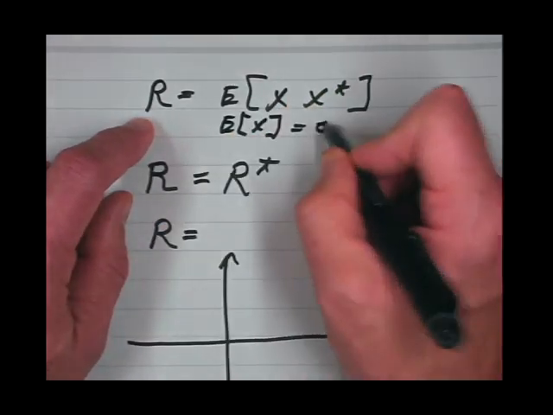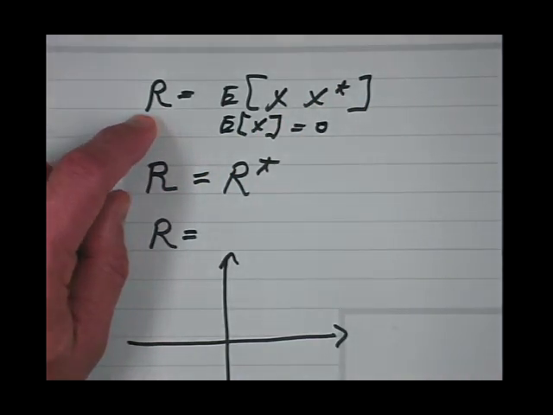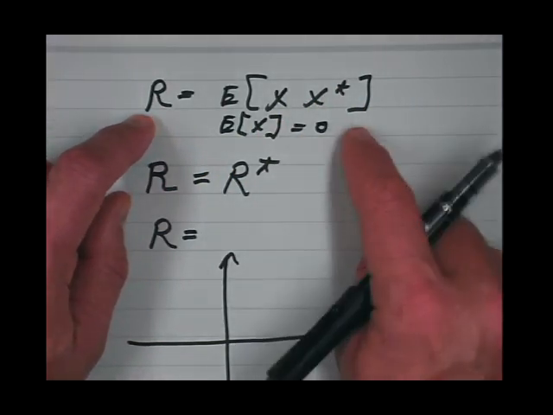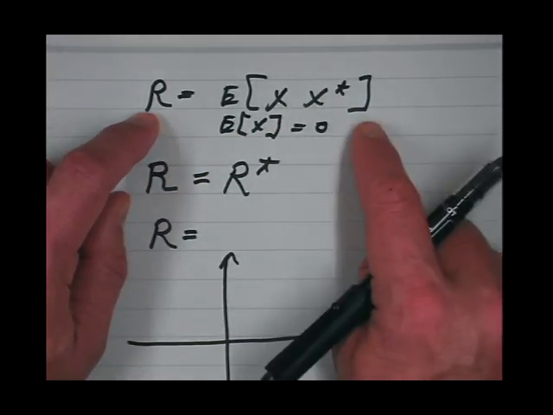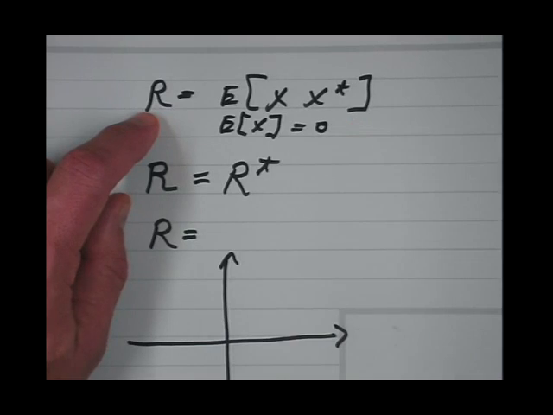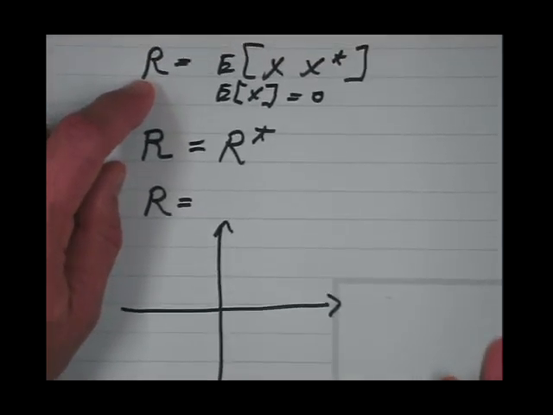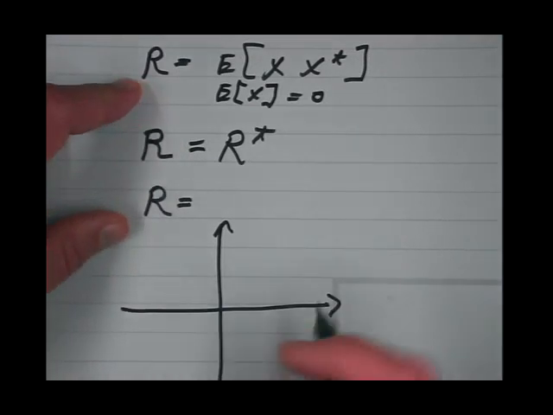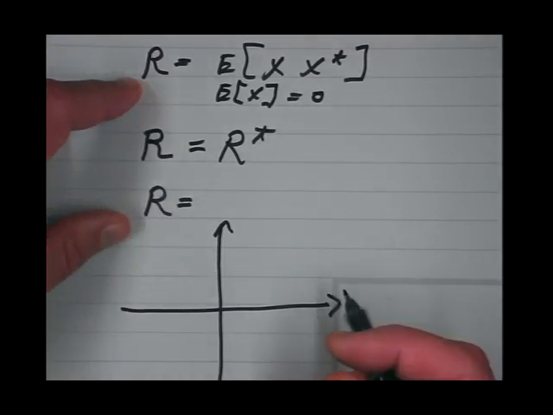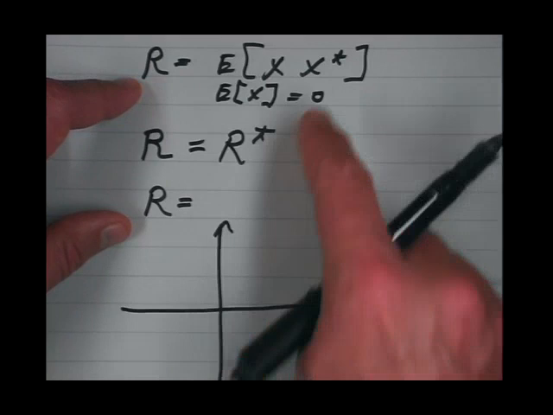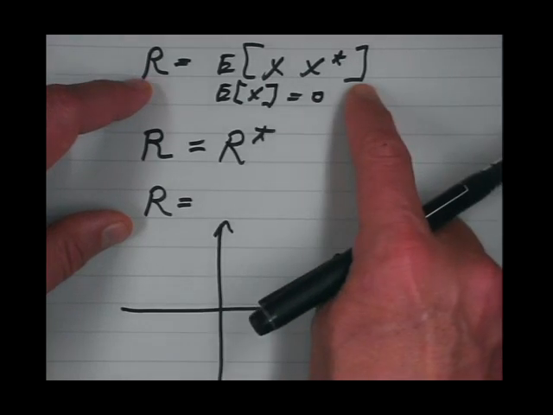And R is the covariance, okay? R is going to be a symmetric matrix, right?